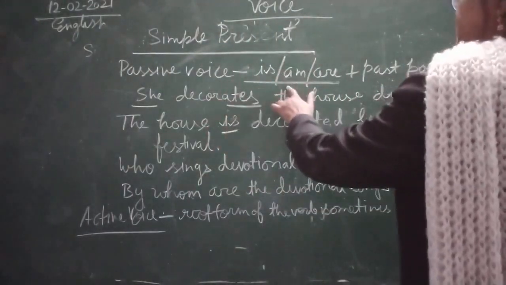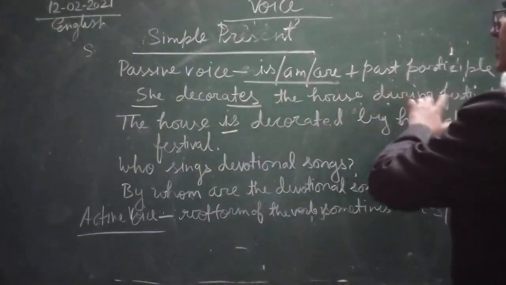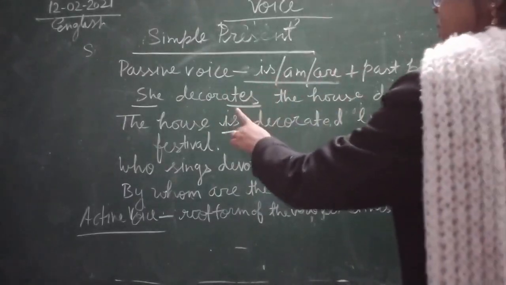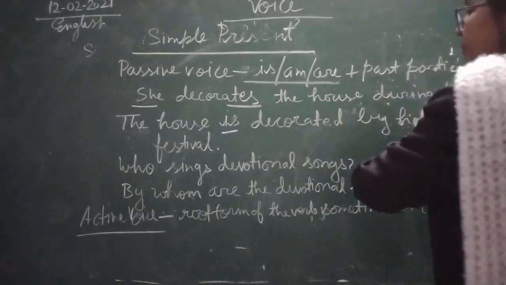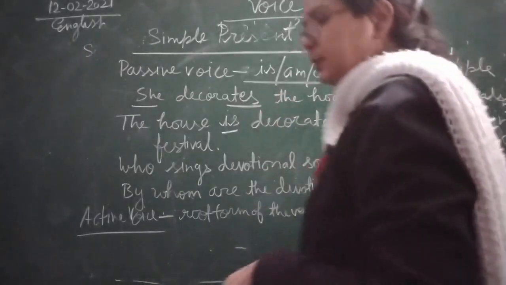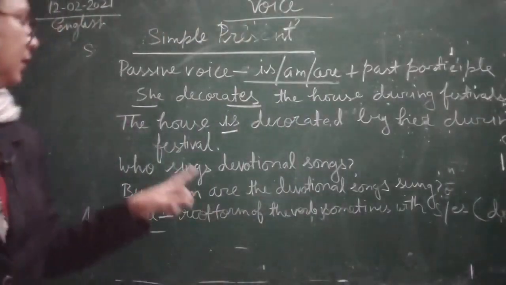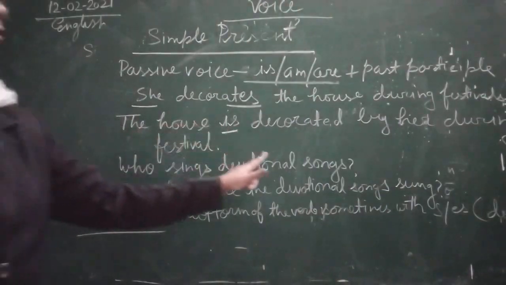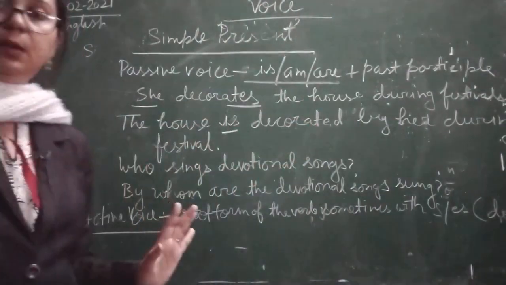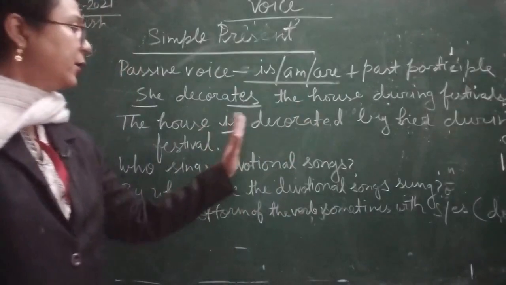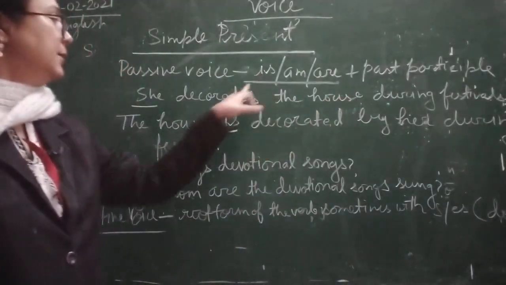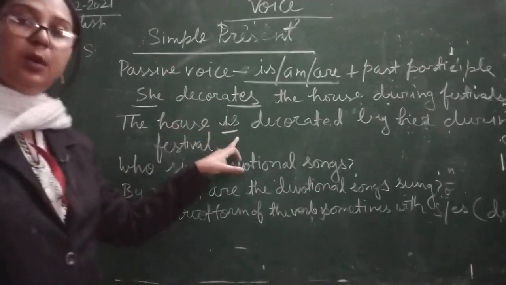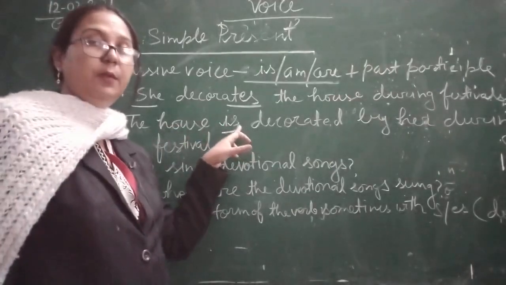So passive voice is is, am, are plus past participle. Now the example I have given: she decorates the house during festival. Now we are changing it into passive voice. What are we doing here? The house is decorated by her during festival. Here decorated, because we are using the past participle, and is because house is singular, that is why this verb we will use.